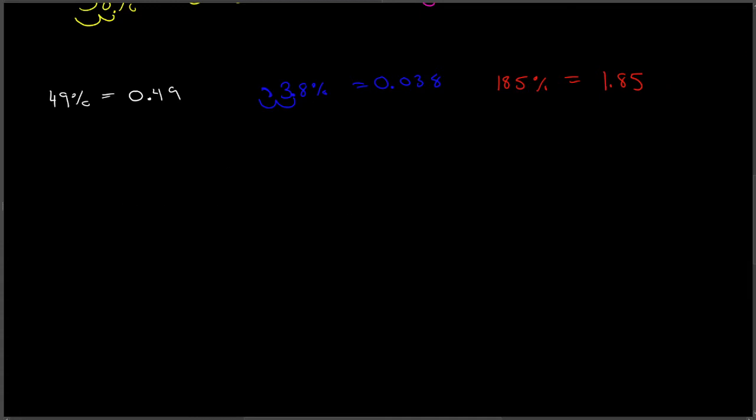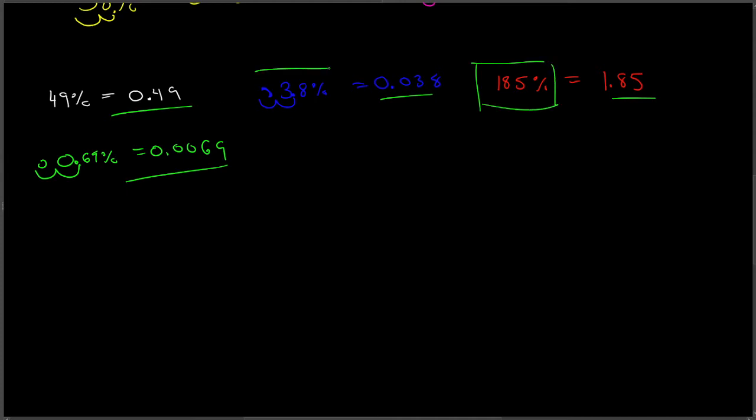And I can have a really small percentage, 0.69%. Again, move the decimal place twice to the left, 1, 2, so 0.0069. These are the useful ways to calculate, and this is how we like to say it, because it becomes easy for us to compare.